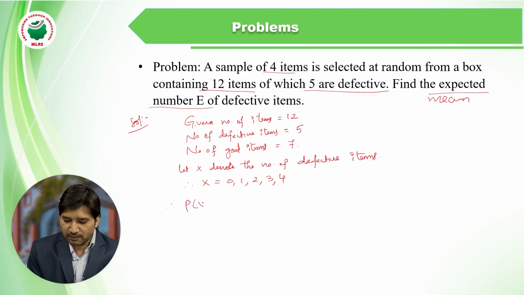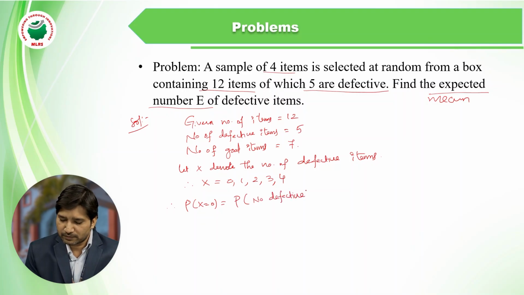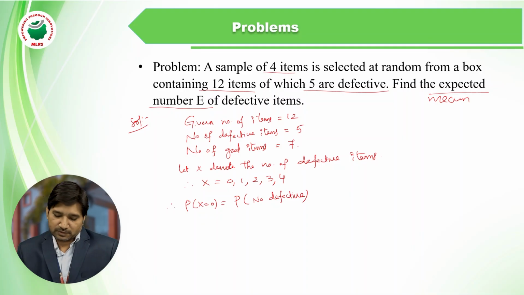First of all, P of X equal to 0. That means no defective items. You already know the probability definition: number of favorable cases by total number of events in the random experiment. Here the total number of events means out of 12 we have to select 4, that is 12C4.